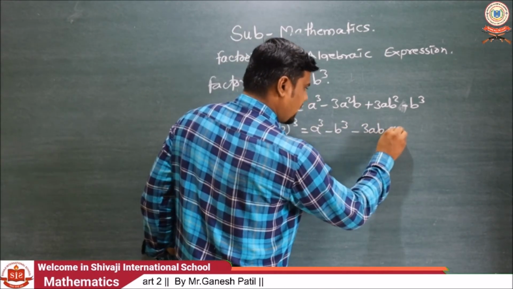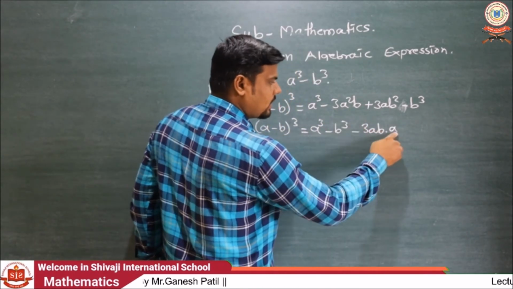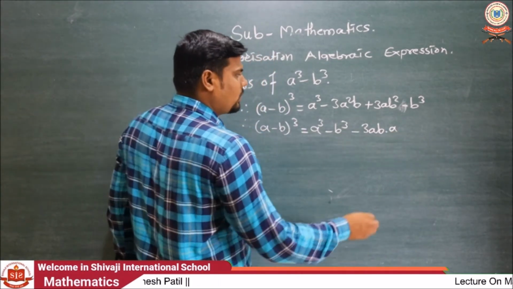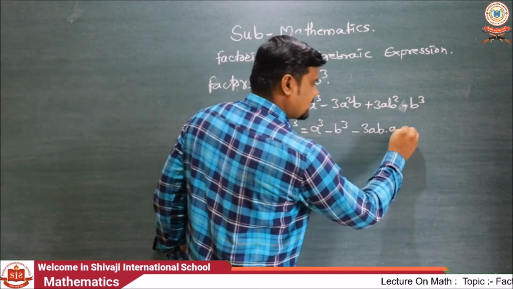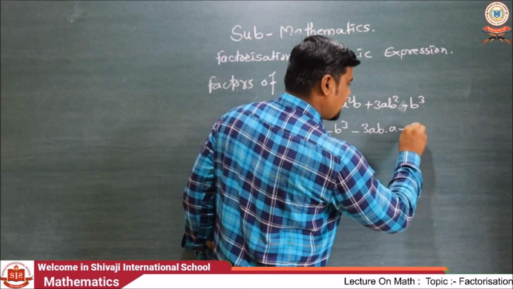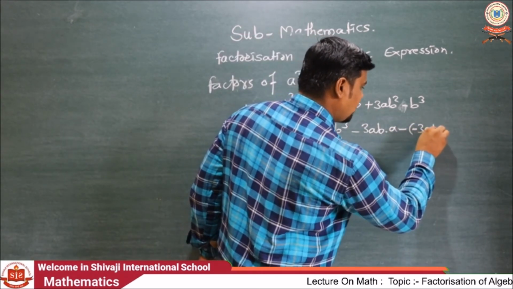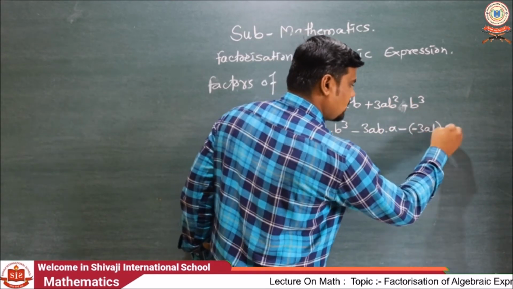into a, since a appears 2 times. That's why I am writing a into a. This plus has 2 minuses, meaning this one minus and minus 3ab, and b² means b is 2 times.